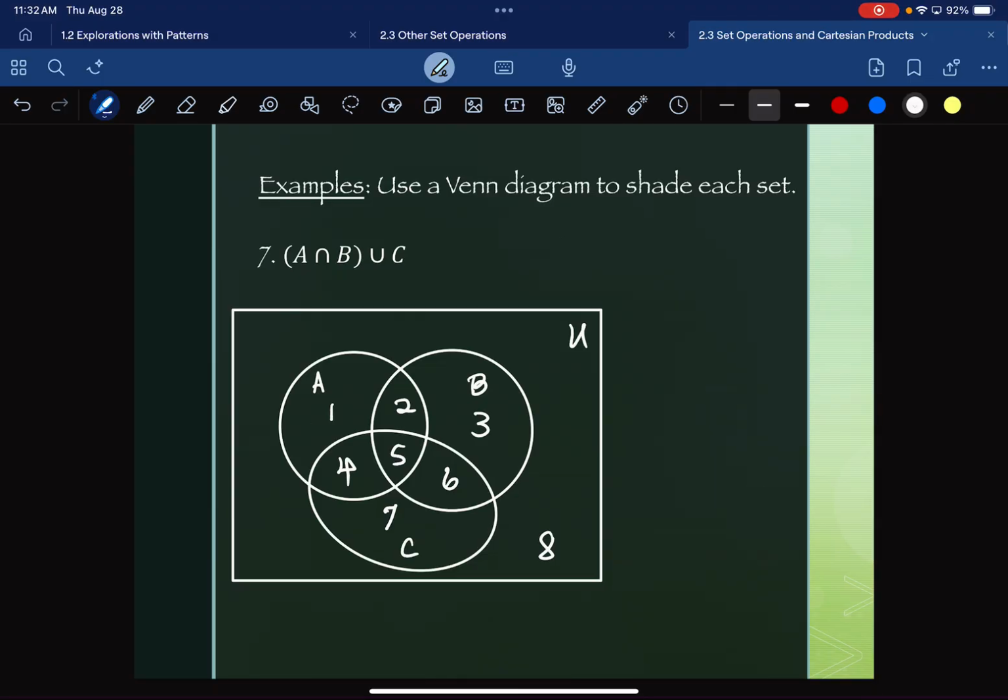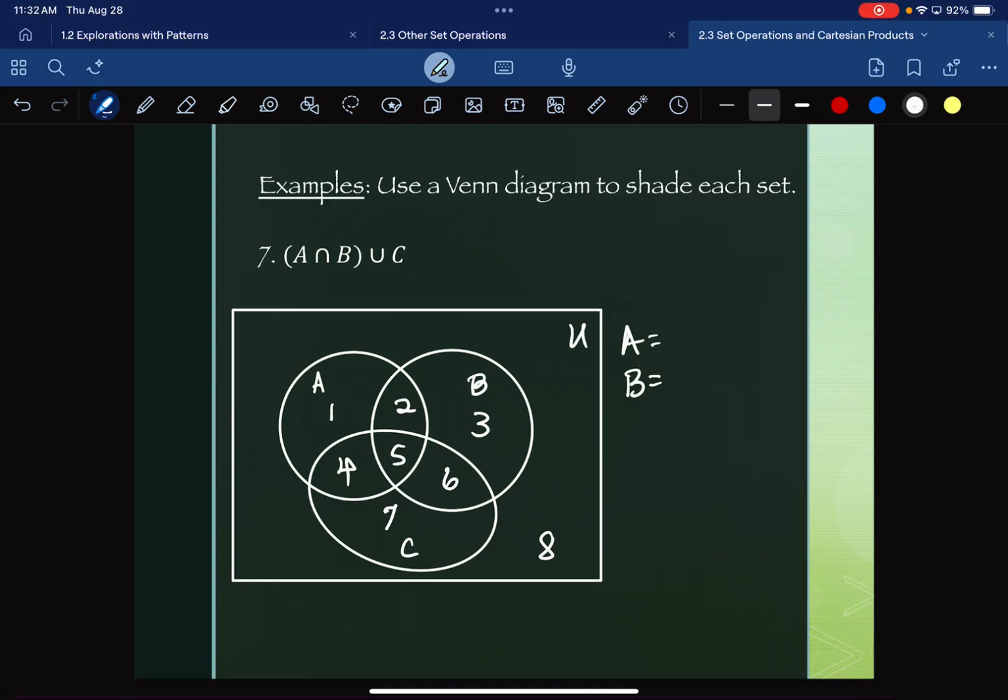Okay? Now, there are 3 pieces of information up here, right? Just like with algebra, those grouping symbols, those parentheses, tell us where we start. We start inside there. So inside the grouping symbols, we have sets A and B. So we're going to write down A, and we're going to write down B, and we're going to list all of the numbers that are in those regions.